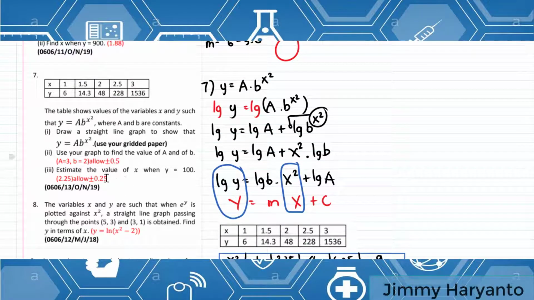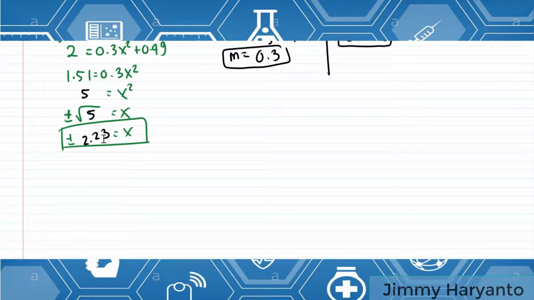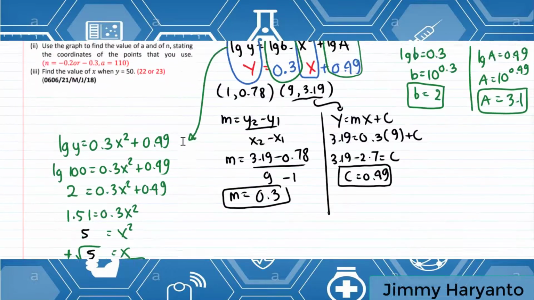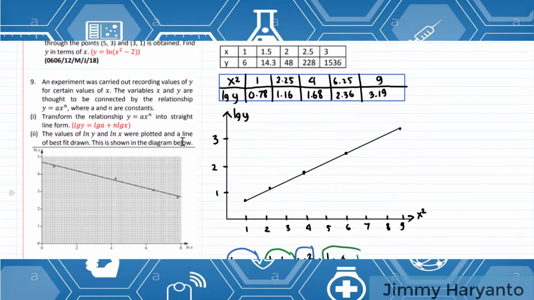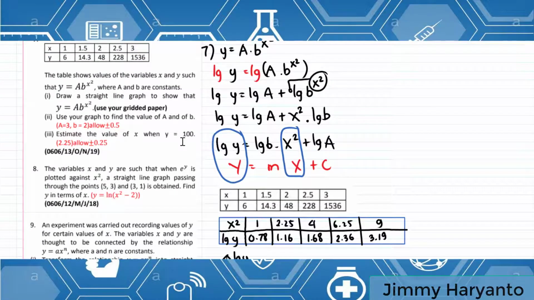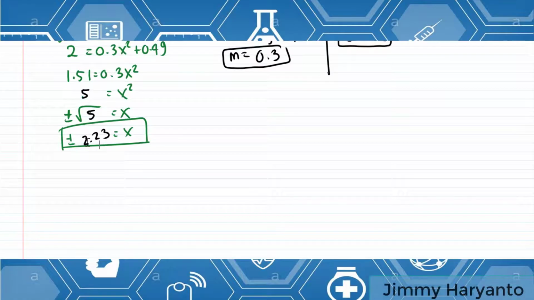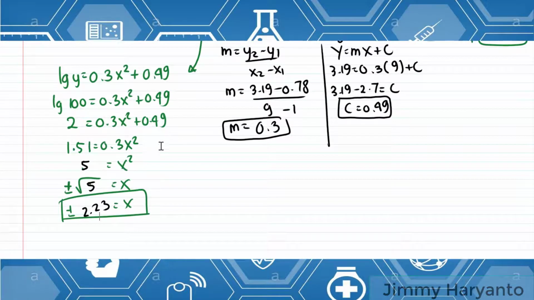Yes. Okay, good. Good job. So the answer should be plus 2.23 or minus 2.23. But be careful for this one. So the answer should be plus minus 2.23.